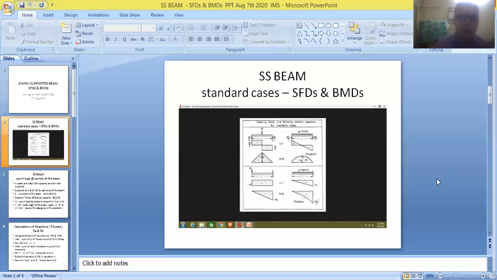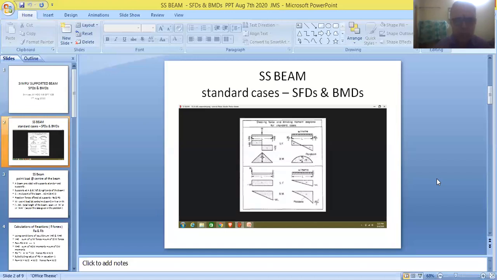So this left end can be denoted with letter point A, and right end of the beam can be denoted by point B, and the midpoint of the beam, that is center of the beam, can be denoted by point C. So friends, this point load is acting at the center of the beam as shown in the figure, that is at a point C.